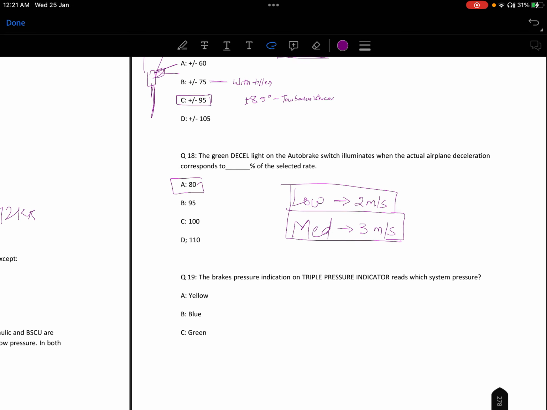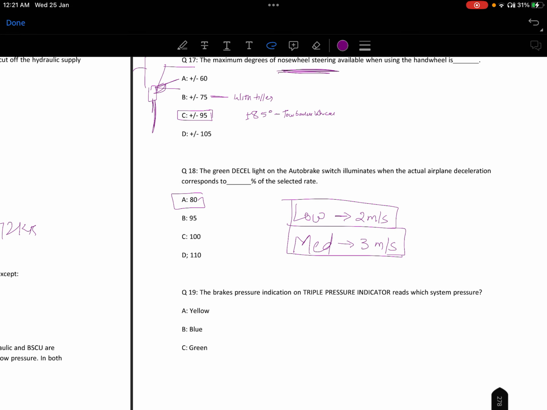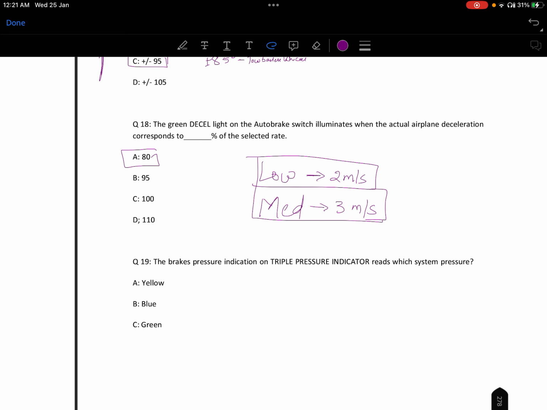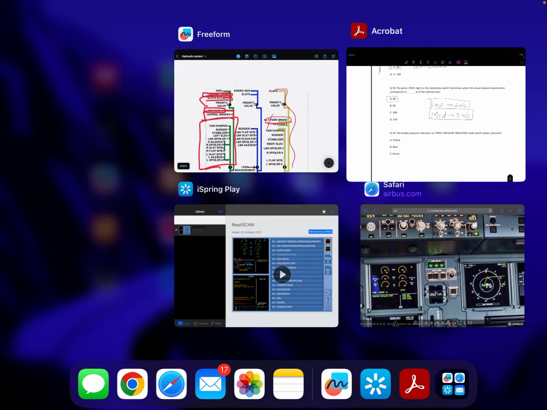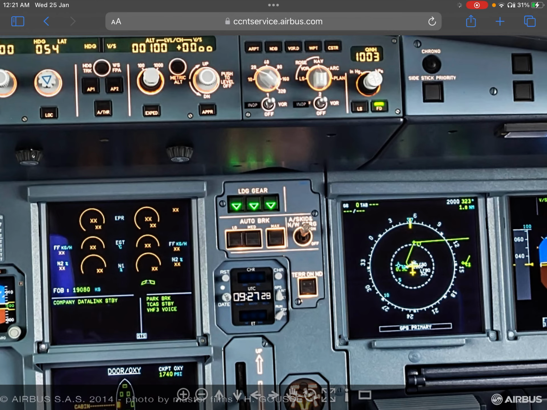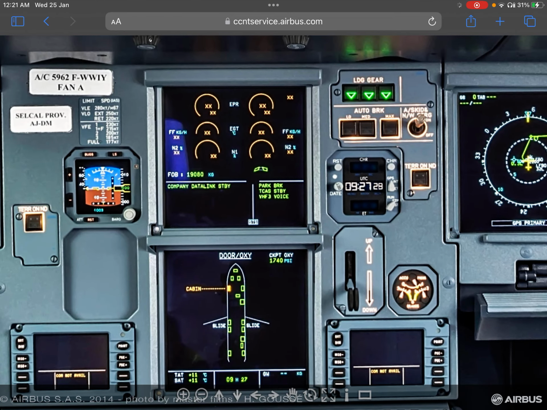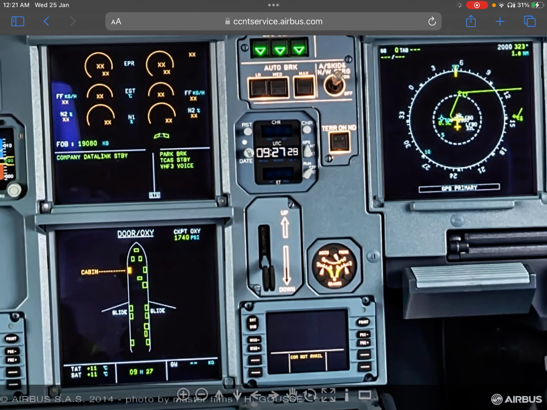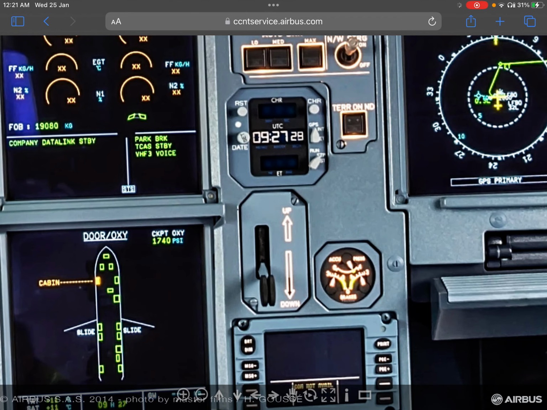Question number 19. The brake pressure indication on the triple pressure indicator reads which system pressure? Okay, what is the triple pressure indicator? It is the indicator on the front. Where is that? It is here.